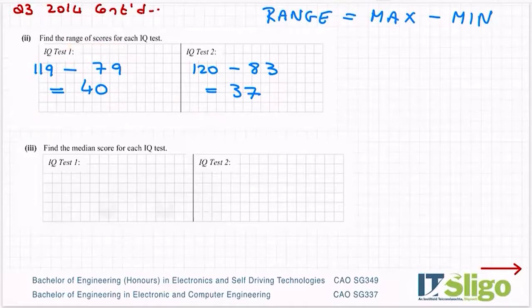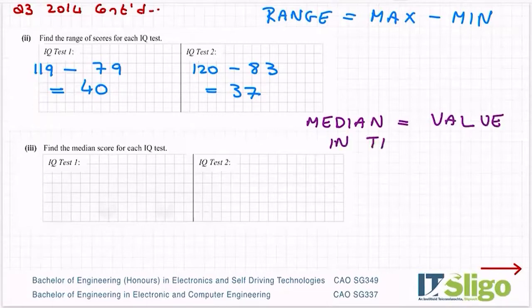Okay, so the next question asks for what is the median. Okay, so the next formula I want you to know is median is equal to the value in the middle when the numbers are in order.